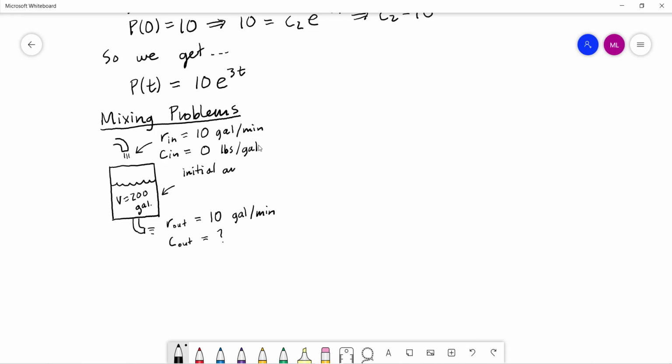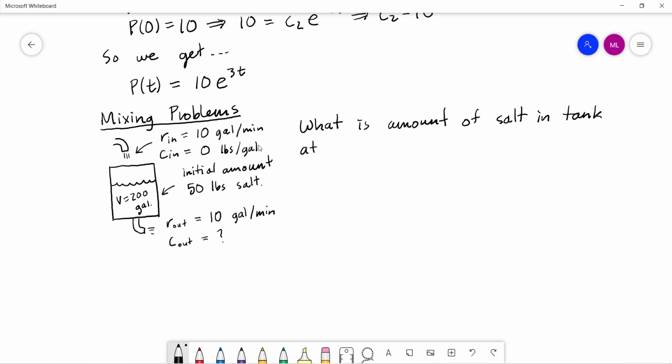Let's say initial amount, 50 pounds of salt mixed into that 200 gallons. Okay, so we want to know what is the amount of salt in the tank at time t.